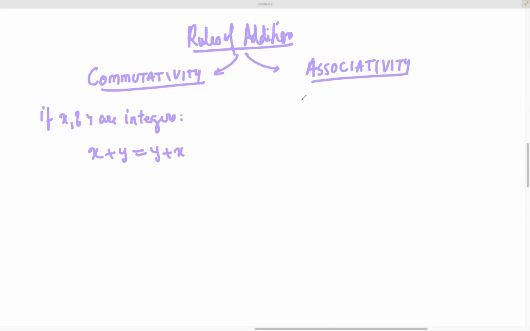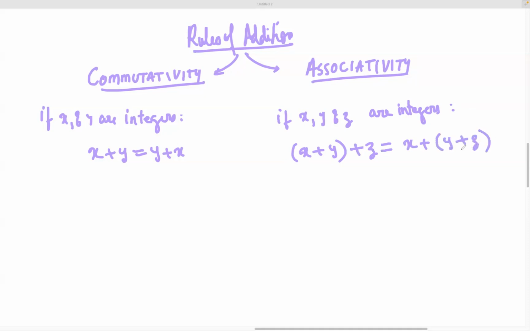And in case of associativity, what we are saying is if x, y, and z are integers, then x plus y grouped together in parentheses plus z is the same as x plus y plus z.